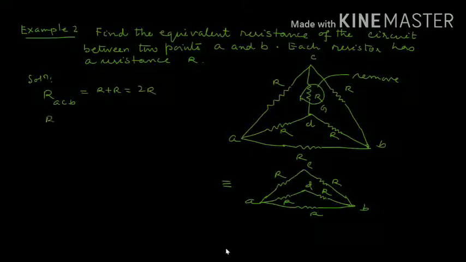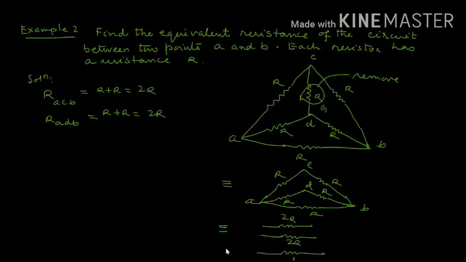And the resistance along the path ADB is also R plus R, that is 2R. And the lower side resistance is R. So the next equivalent figure is this: this is 2R, this is also 2R, and this is R. Now these three resistances are in parallel. Now we can easily find the equivalent resistance between A and B.